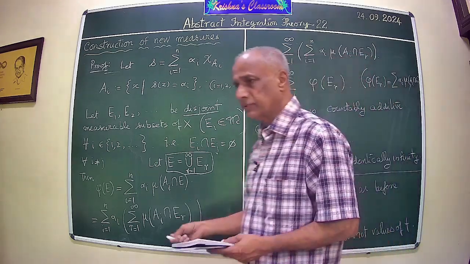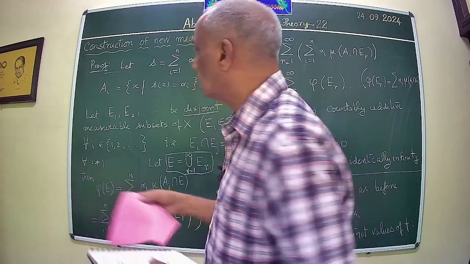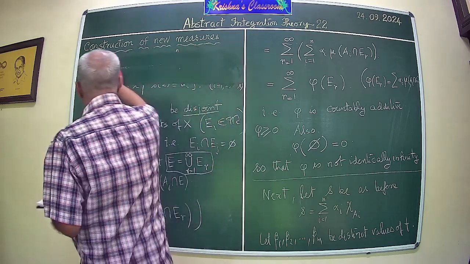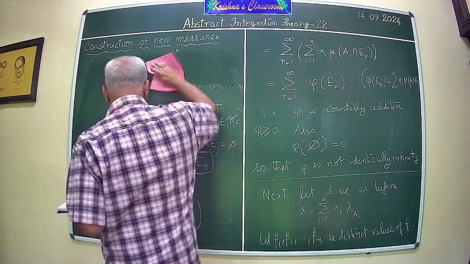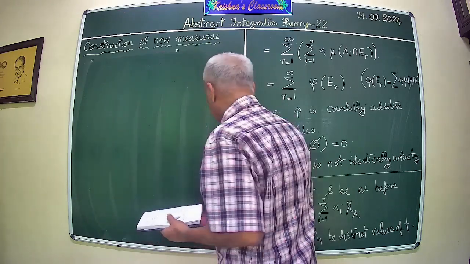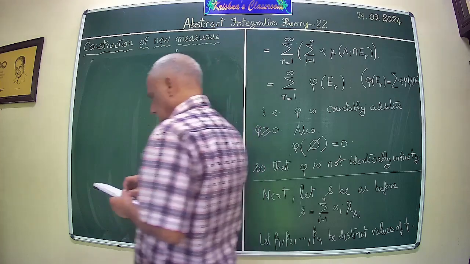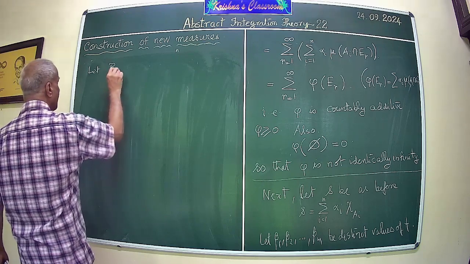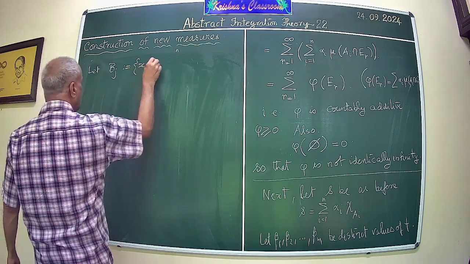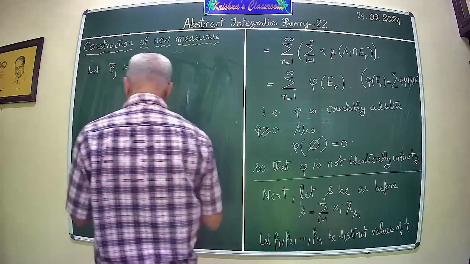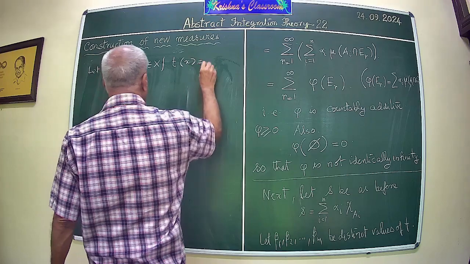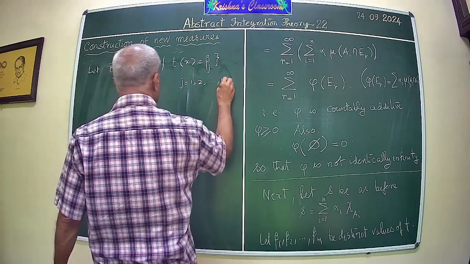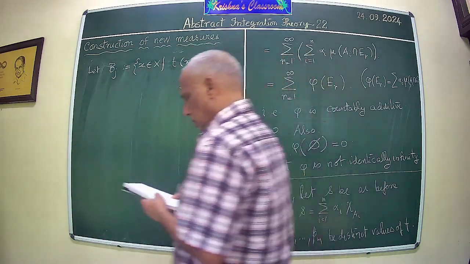So we are now trying to add up this phi with psi, or S with T. Let the sets be such that we define them as follows.